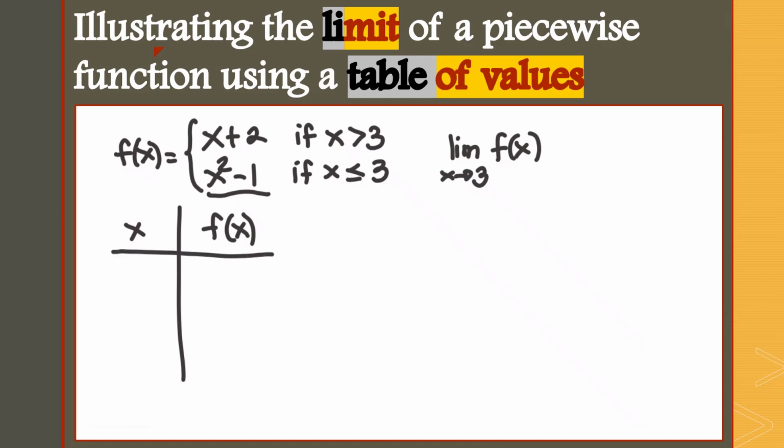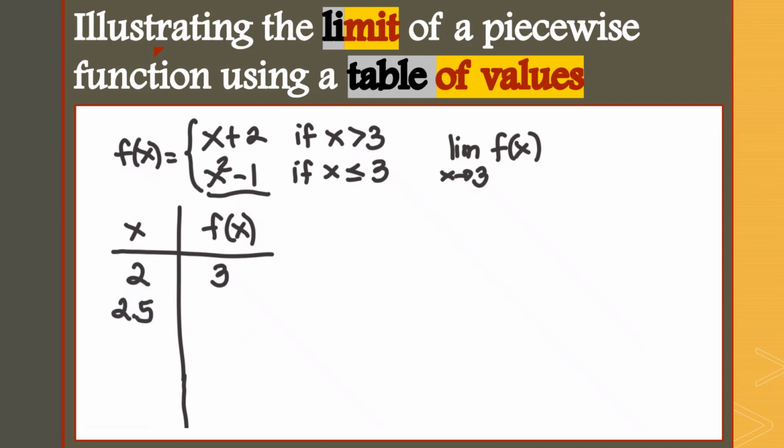So if we start from a number to the left of 3, let's say 2, and substitute that, we have 2 squared, which is 4, minus 1, so we have 3. That's the value of our f of x. Now let's pick other values getting closer to 3. Let's say 2.5.